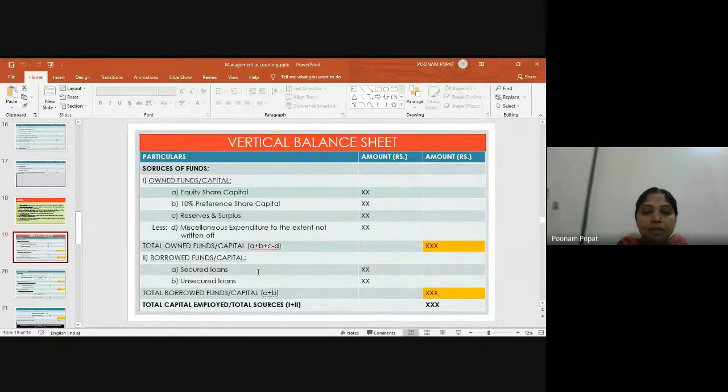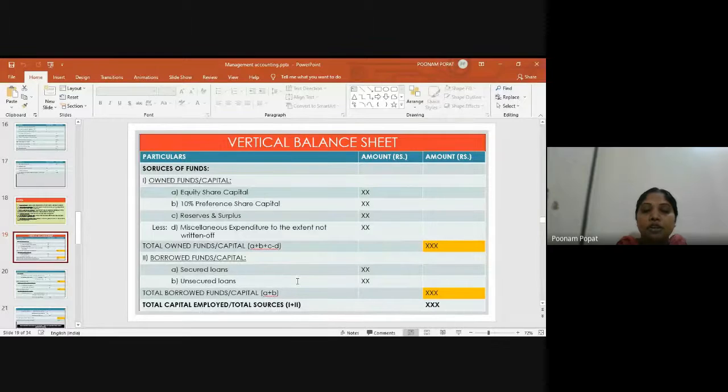If the company has taken any borrowings, we will segregate them into secured and unsecured borrowings. If any property is given as mortgage, then that borrowing will be secured. For example, debentures issued, or a bank loan taken against a mortgage of property, will fall here.